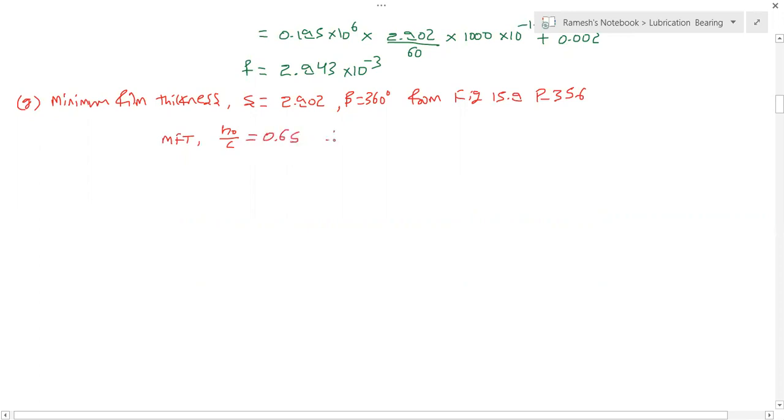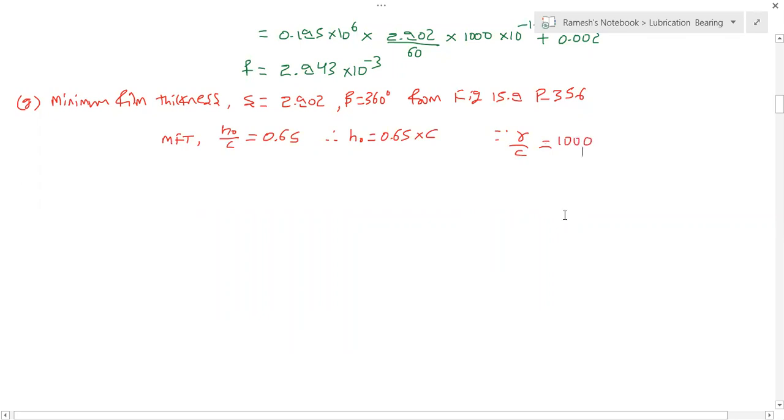Therefore, H naught is equal to 0.65 into C. You take it to the right hand side. We have assumed that R by C, this is small c, don't get confused with the capital C, that is the bearing modulus. R by C, we assumed as 1000.